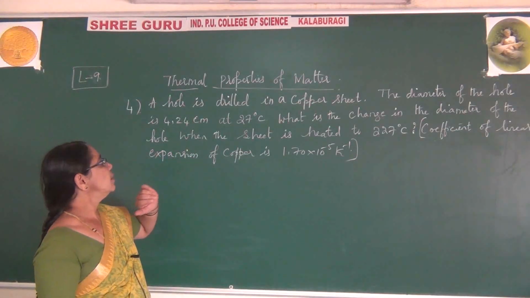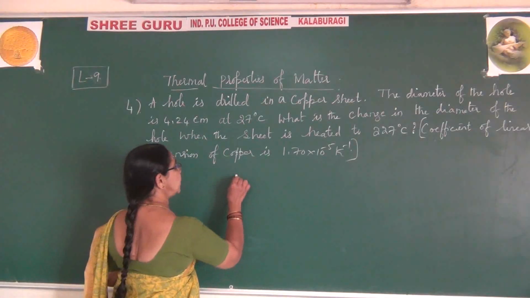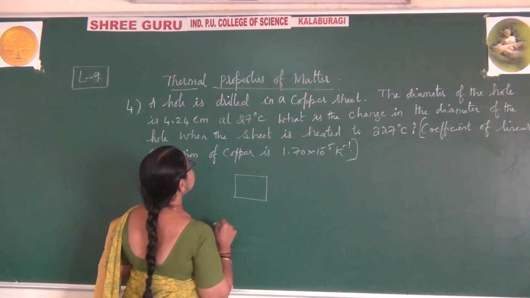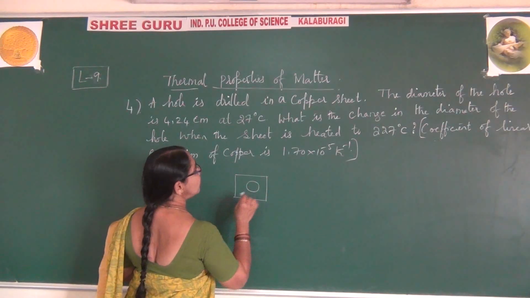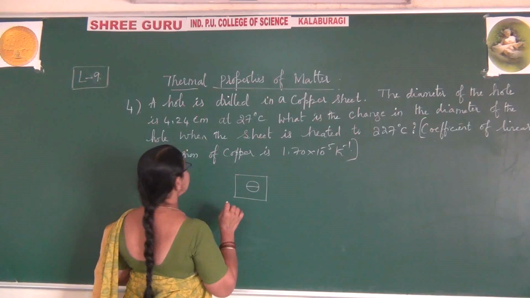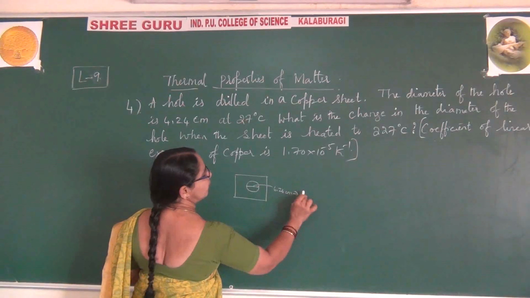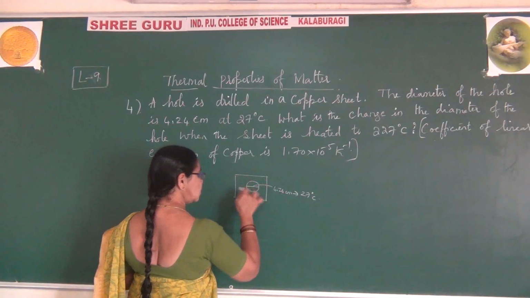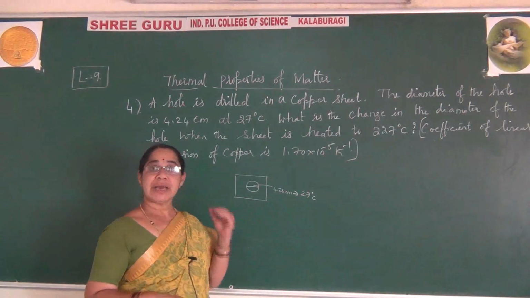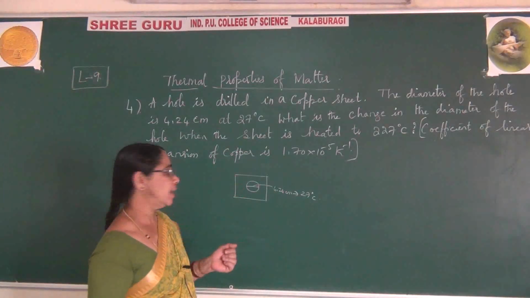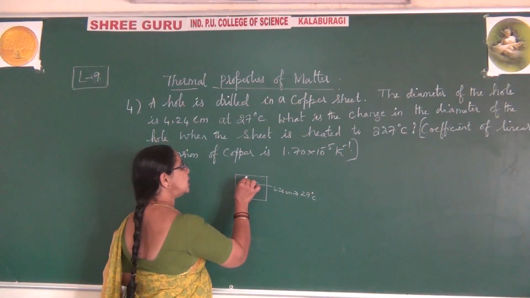When the copper sheet is heated up to 227, naturally expansion takes place.